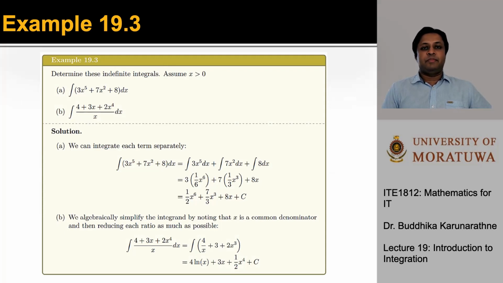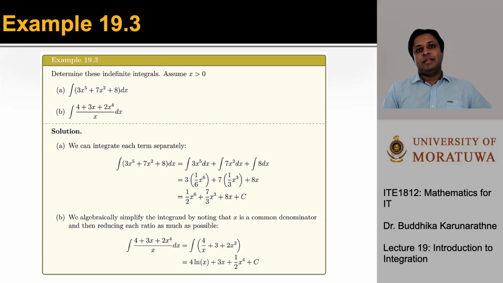So first you can separate, you can take the integral of 3 times x to the power 5, and then 7 times x to the power 2, plus the integral of 8 dx. For the first part, you can take the constant in front, that is 3, and then integrate x to the power 5. When you integrate x to the power 5, you will have x to the power 6 over 6.